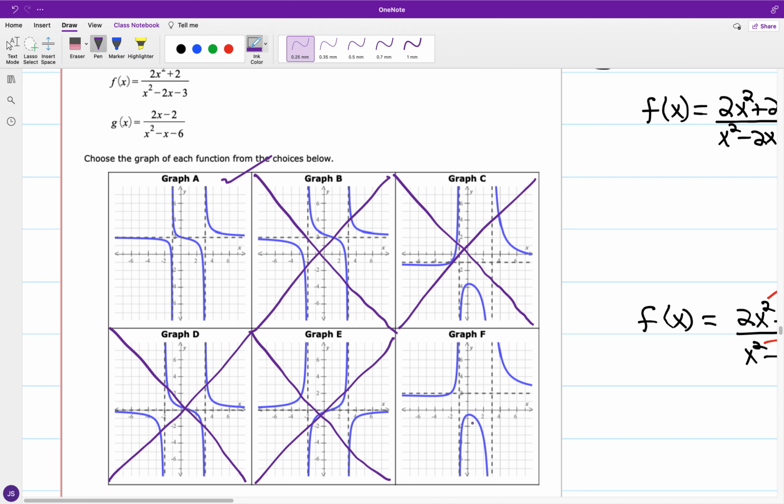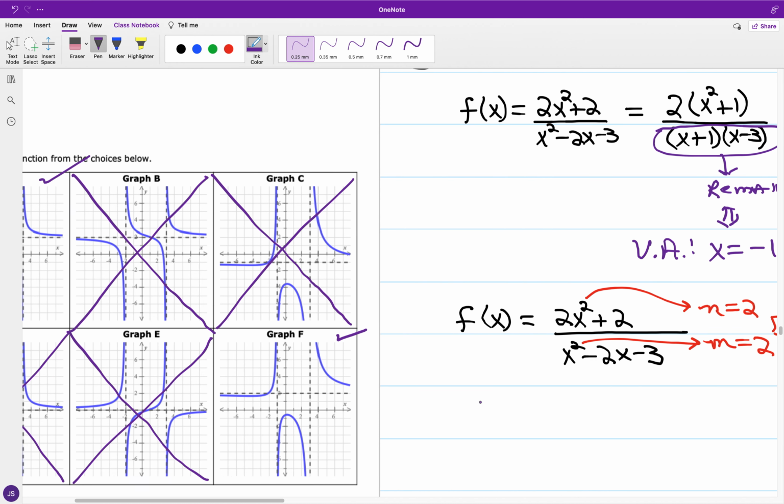And for graph F, we got x equal to -1, x equal to 3, and you got the horizontal asymptote at y is equal to 2. So you're looking at where it's going to come down to either A or F. And if you notice, okay, it looks like the y-intercept calculation is going to be the tiebreaker. And in A, the y-intercept is going to be positive, whereas in F, it is going to be negative.